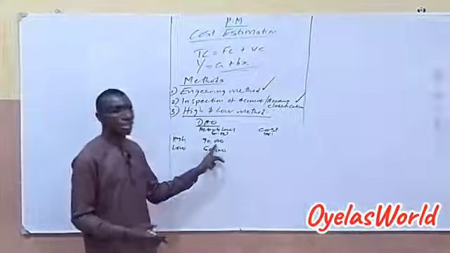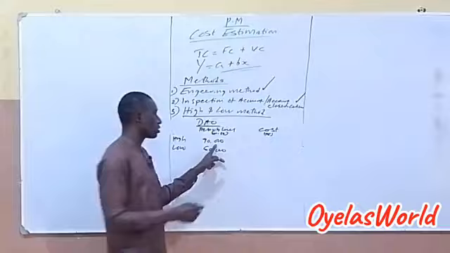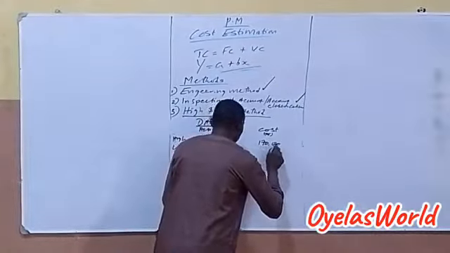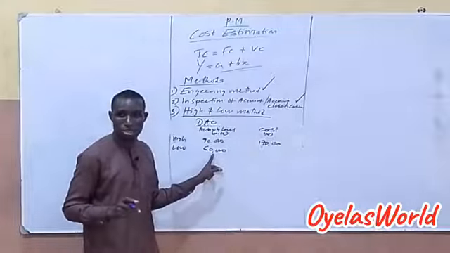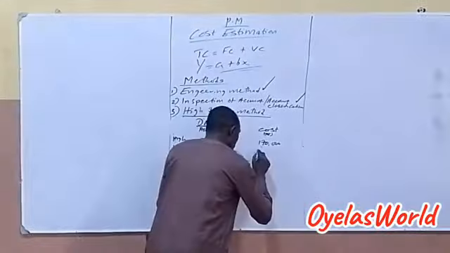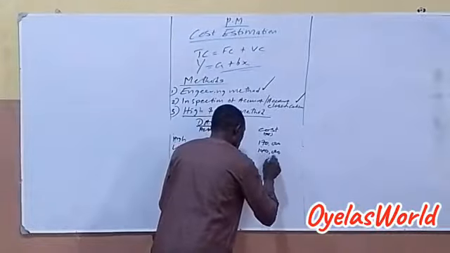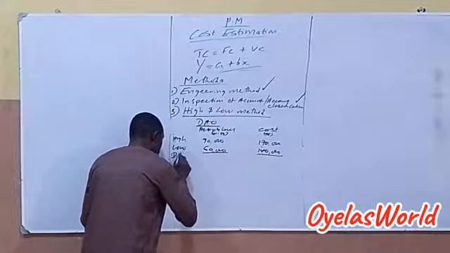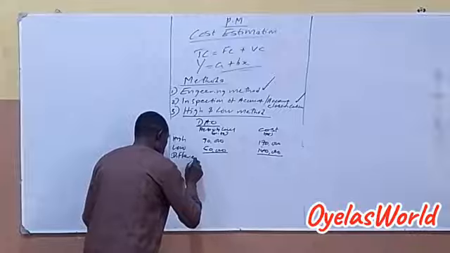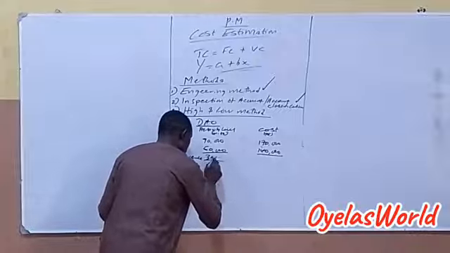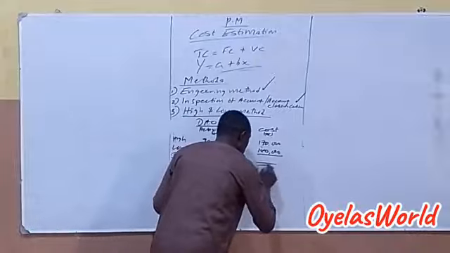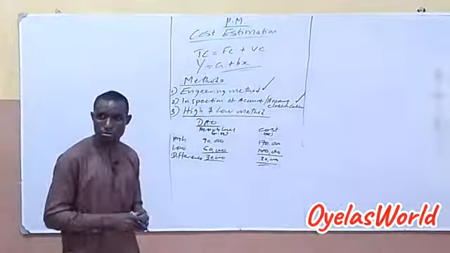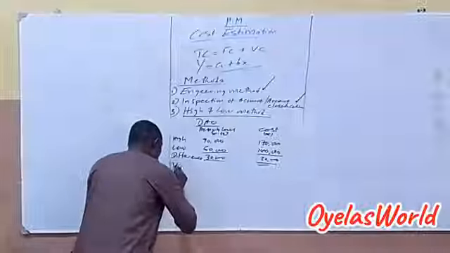The cost of 90,000 units is 170,000. The cost of the low level of activity is 140,000. The difference is 30,000.